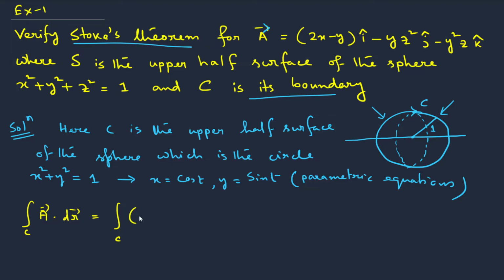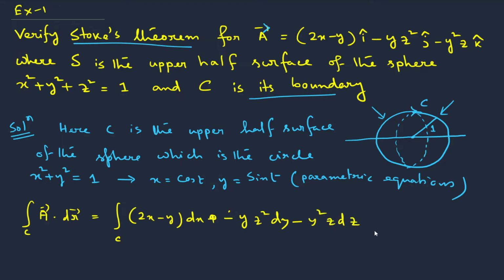So it will be twice x minus y dx plus then y z square j cap. Next term will be minus y z square dy, and then y square z what? Dz.